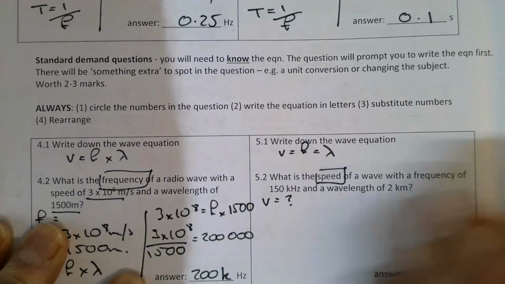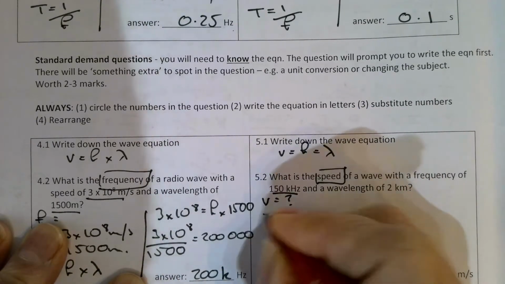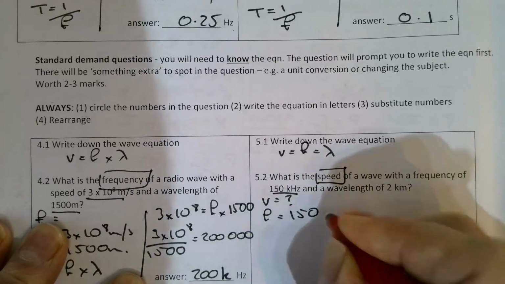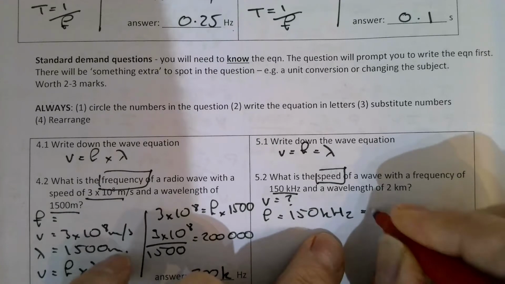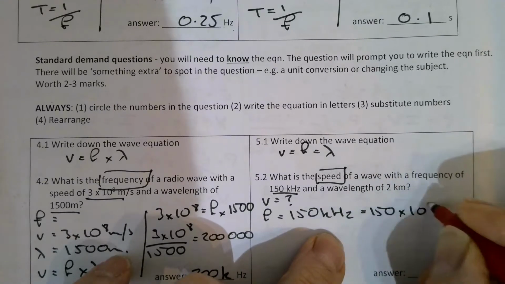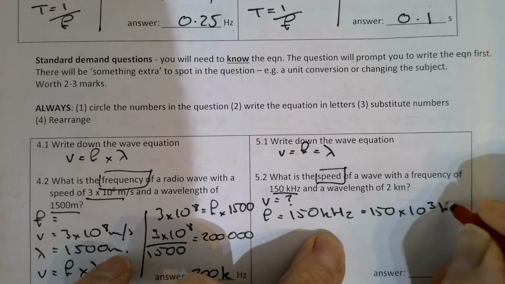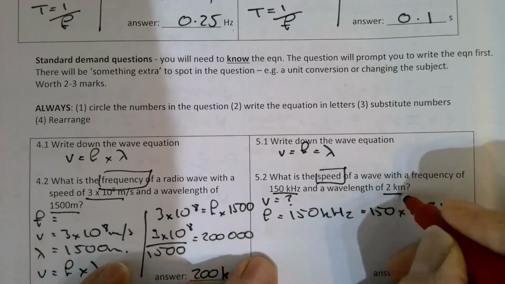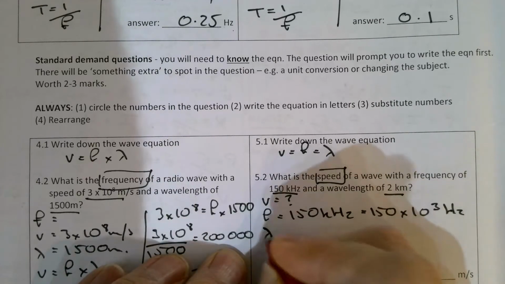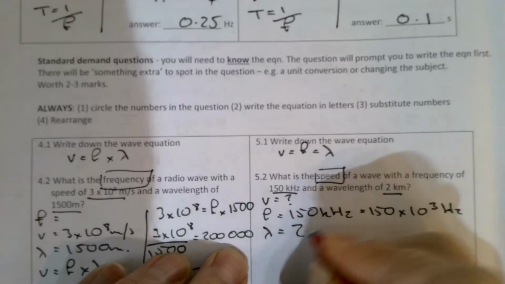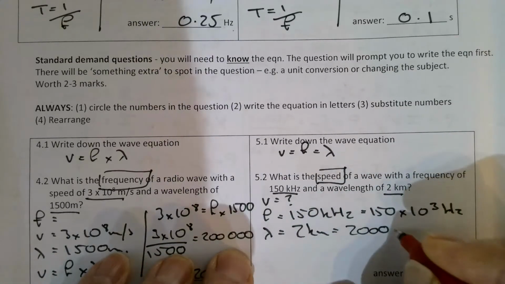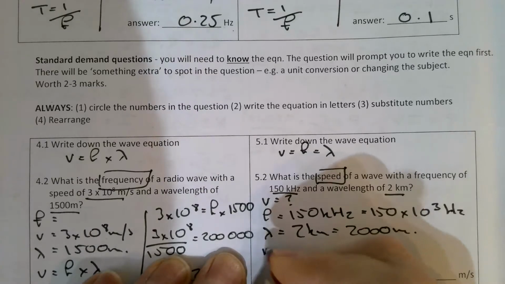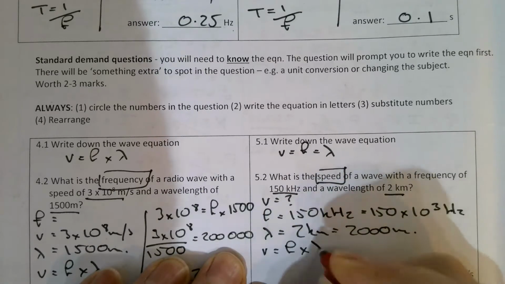So with a frequency of 150 kilohertz, which equals 150 times 10 to the 3 hertz, and a wavelength of 2 kilometers, which is equal to 2000 meters. So v is equal to frequency times lambda.